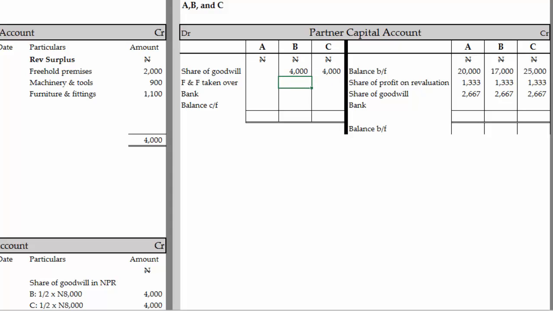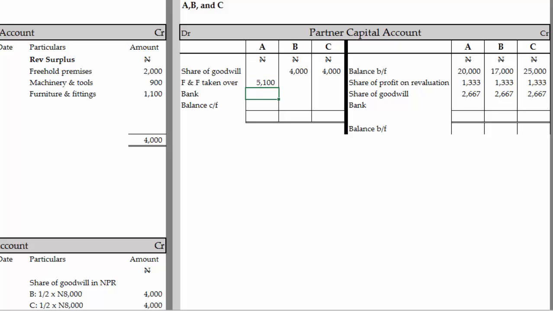The remaining items are the furniture and fittings that was taken over by A in part settlement of his final settlement, while also is the additional capital to be contributed by B and C. In the journal, for the asset taken over, we debited the partner's capital account for A and we credited the furniture and fittings account. So let's debit the partner's capital account with the furniture and fittings taken over under A, and that will be 5,100.